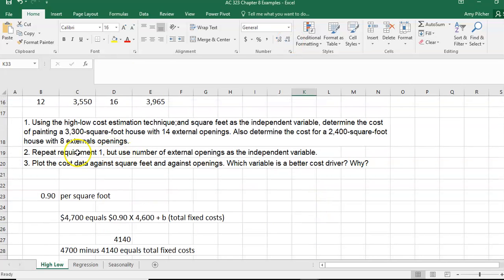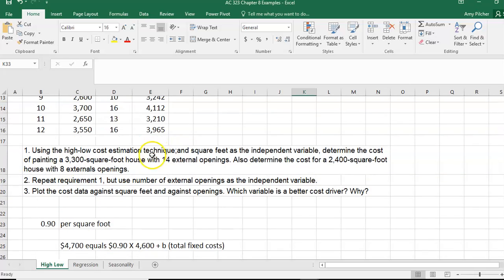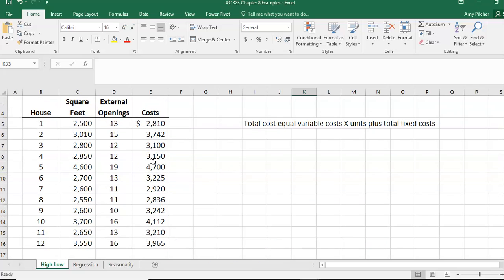Part 2 of this question says repeat requirement 1, but use number of external openings as the independent variable. So now we need to see what are our high external openings and what are the low external openings. You see here that high is 19 and low is 10. We use the total cost associated with each of those.